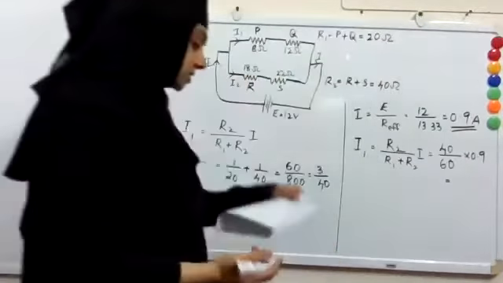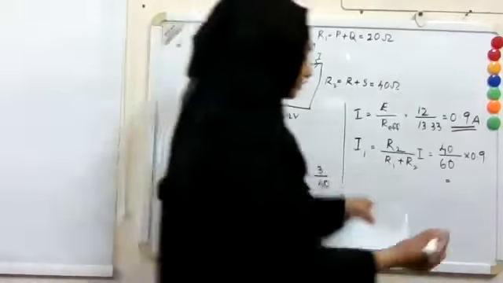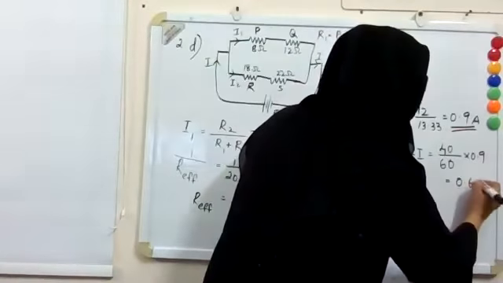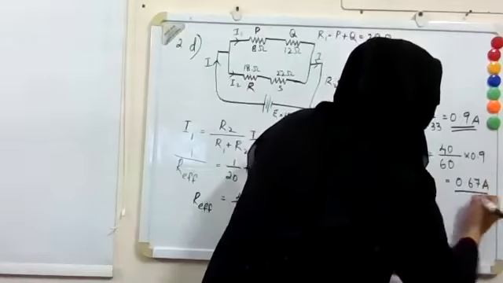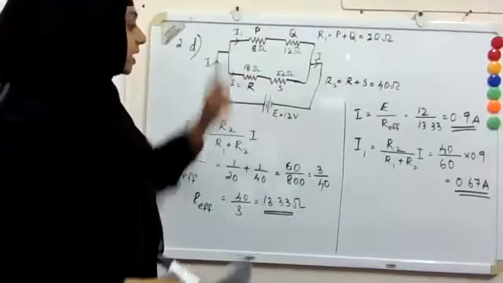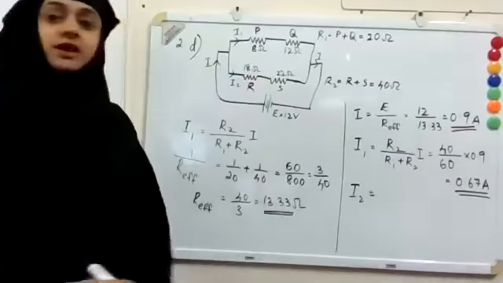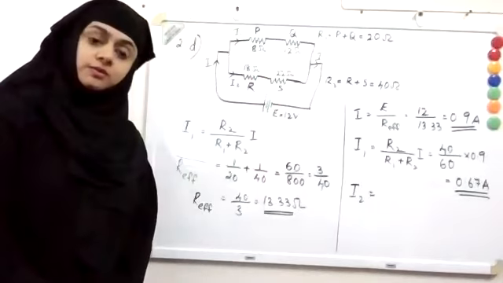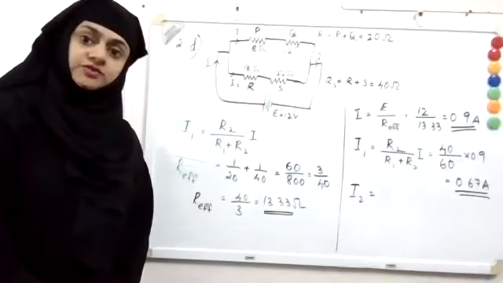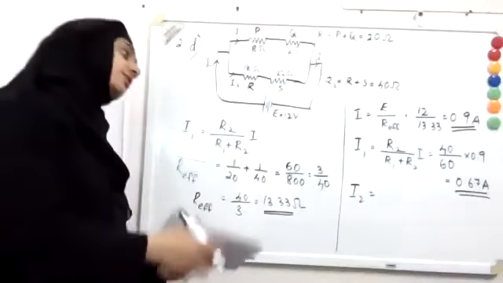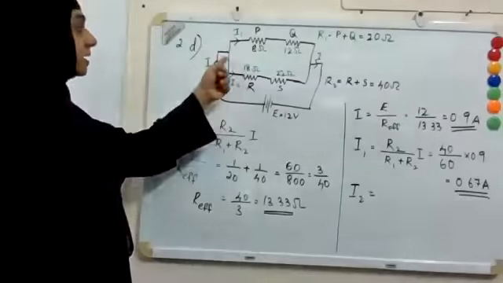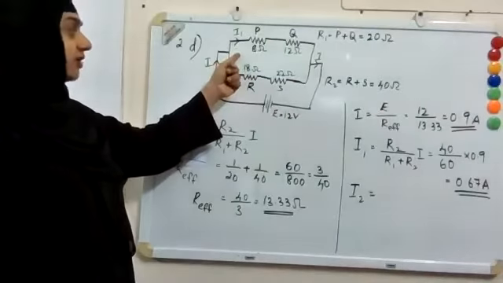And I got it as equal to 0.67 amperes. Now you got I1. There is an easy way to find I2. What is that? I2 is equal to? I minus I1. Yeah, you can easily find it as I minus I1.